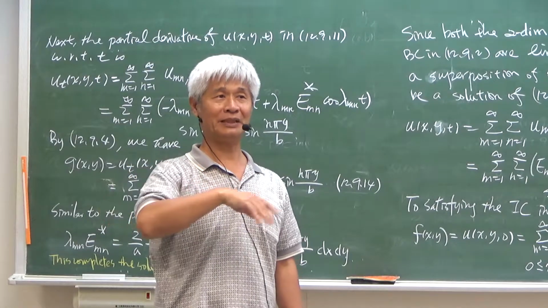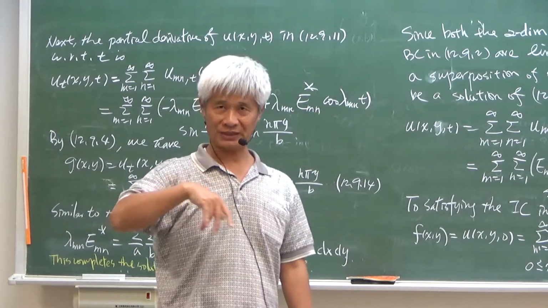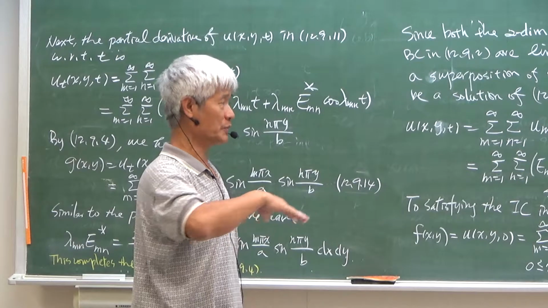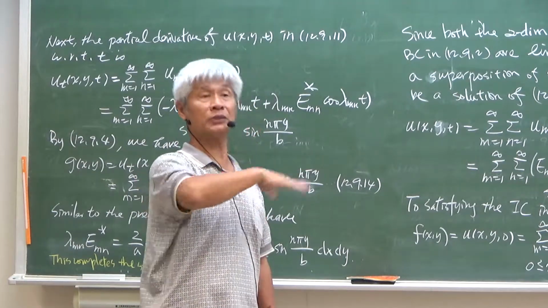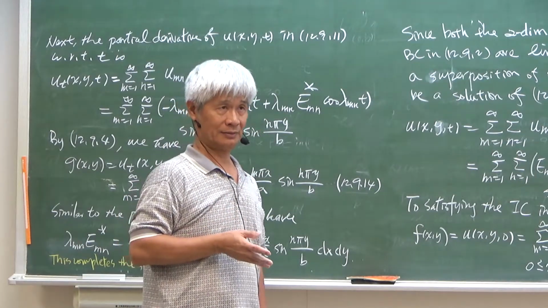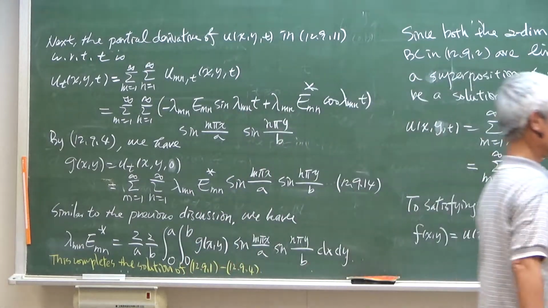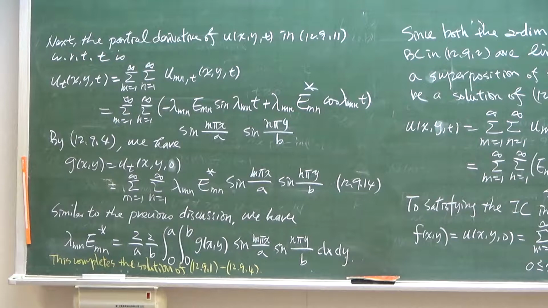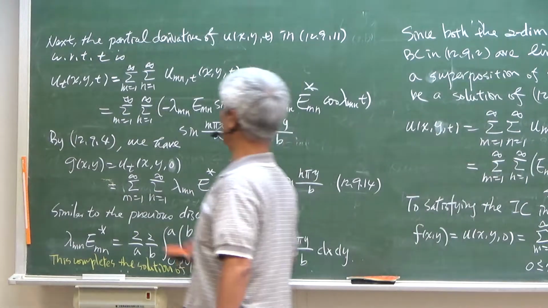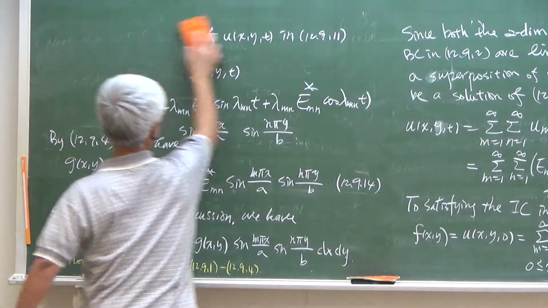Many musical instruments, for example the drum, use a circular membrane. So we would like to solve the two-dimensional wave equation on a circular membrane.